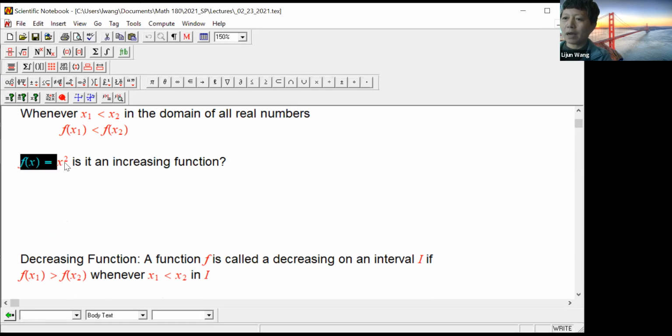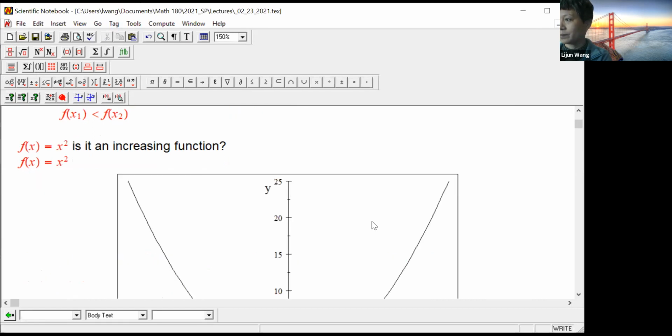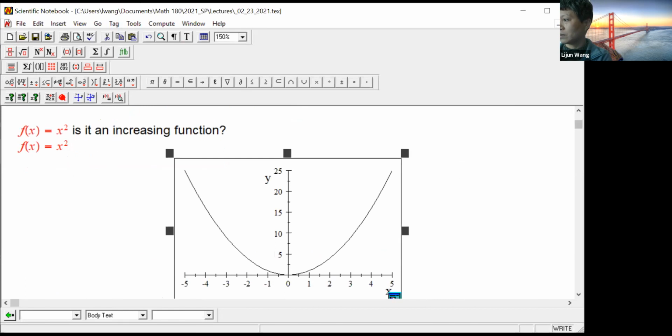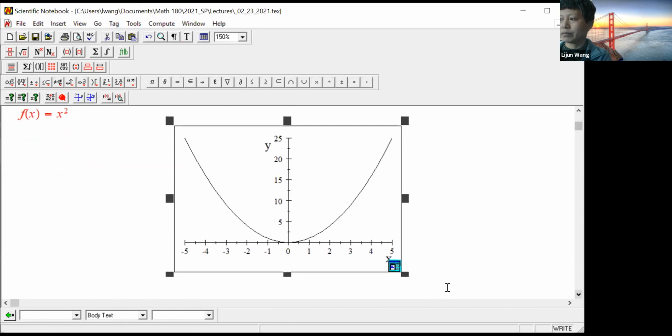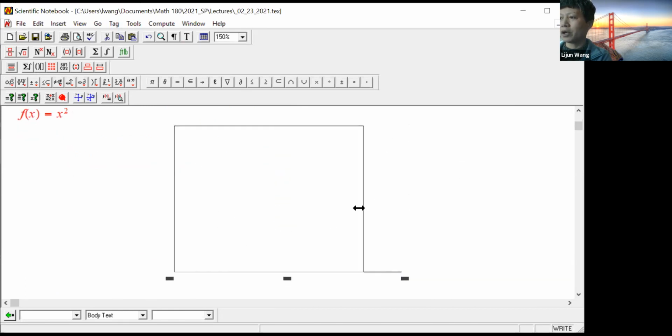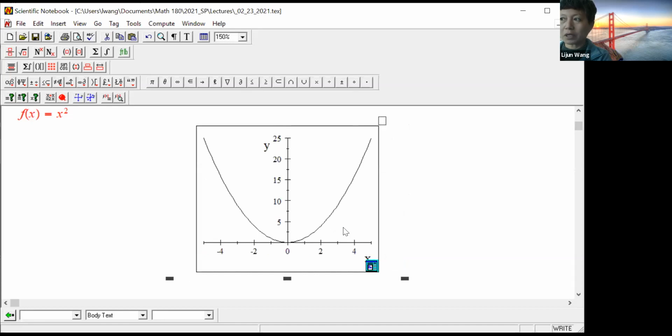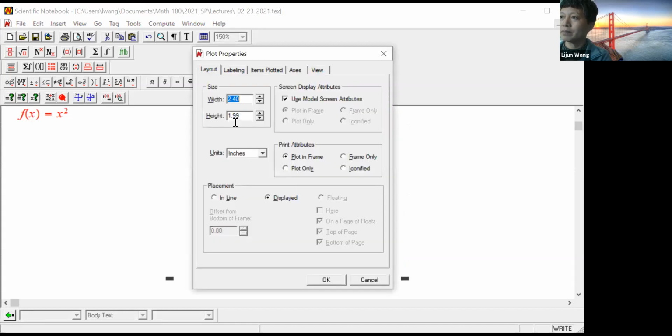So if you look at the graph, everybody knows the graph, right? That's the graph. Since everybody knows, we're not going into details. I trust you guys have done the details.